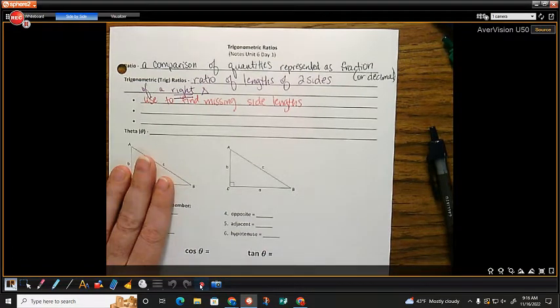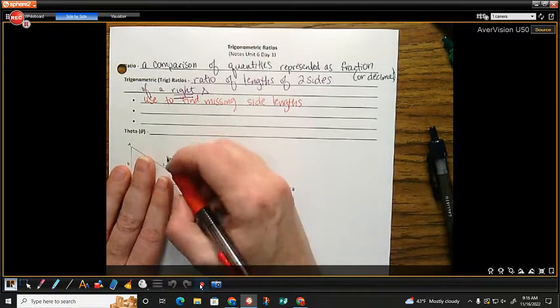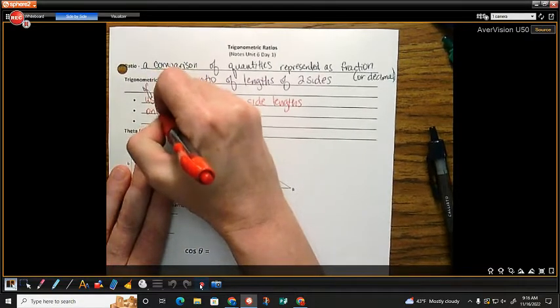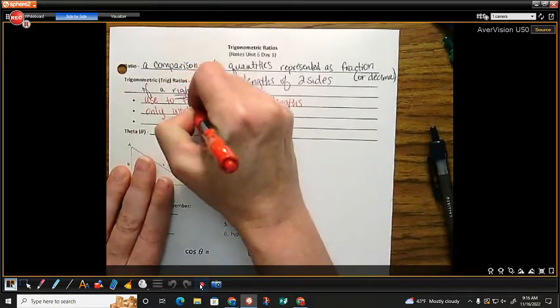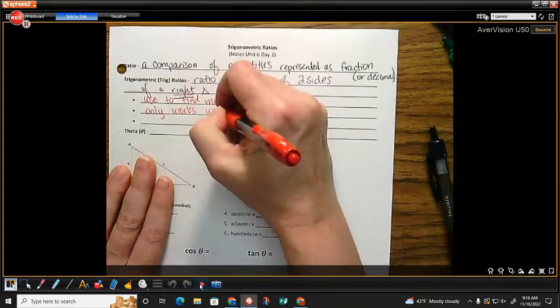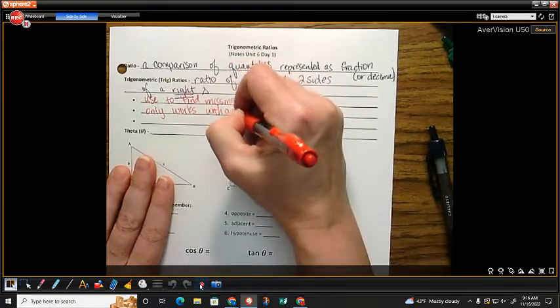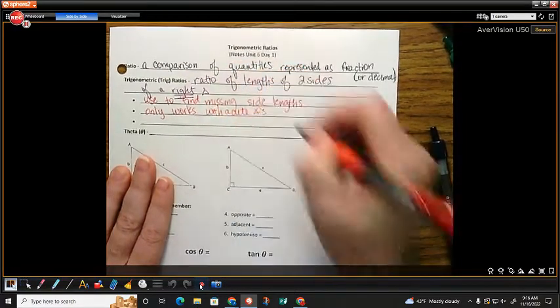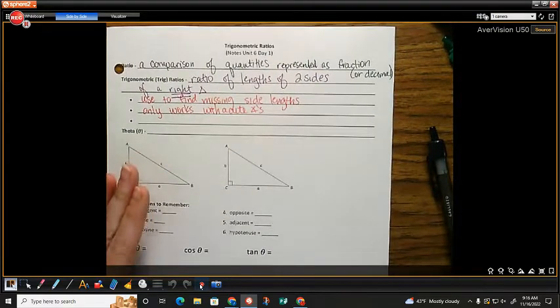No. Okay. And it only works with acute angles. Whenever we're talking about setting up a trigonometric ratio, you can only ever do it if you have an acute angle. You never use trig on a right angle for our class. That's going to get way too complicated and hairy and disgusting. You don't want to mess with it.